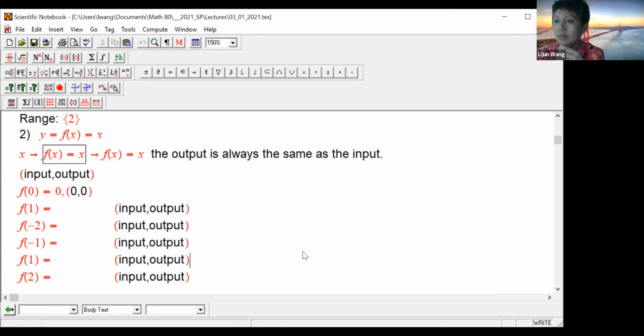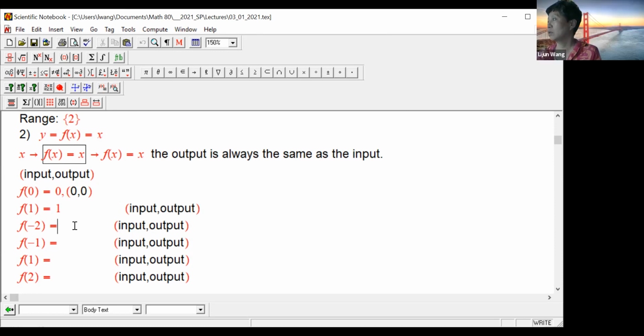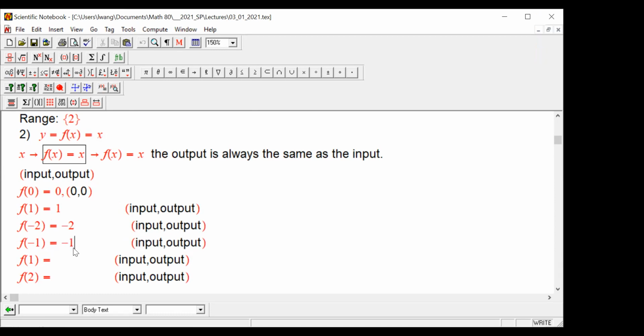What is the output for input 1? 1. Excellent. What is the output for input -2? -2. Perfect. What is the output for -1? -1.